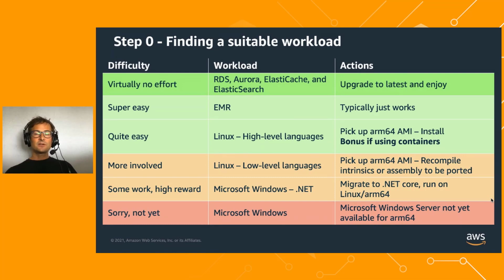Those services do require virtually no effort. There's almost nothing that you need to do. The only thing you need to do is ensure that your application is supporting the minimal version that you need on those services to be able to benefit from the Graviton-based instances. It's so easy that it does not qualify for the Graviton challenge. You need to work a little bit more for that.